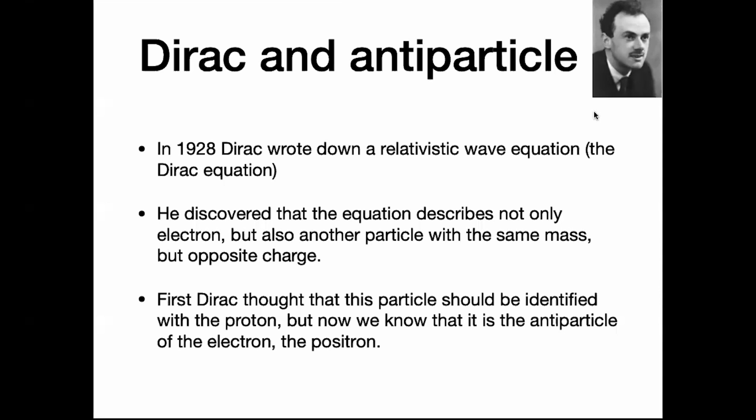Dirac and other people came to the conclusion that this particle with positive charge should be treated as an independent new particle, the positron, which was later found in cosmic rays.